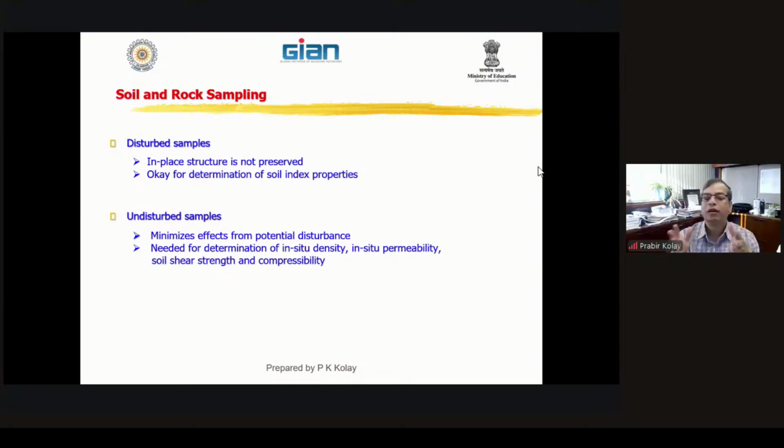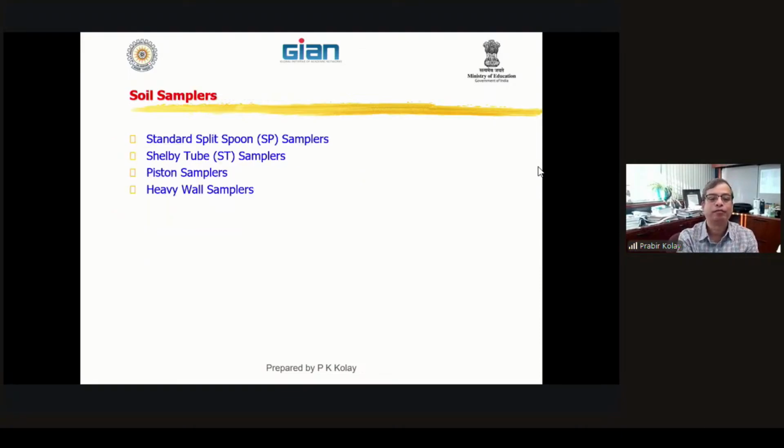That's why, in a disturbed sample, the fabric arrangement is disturbed. We need the undisturbed sample most of the time to measure permeability, for example, or go to the site and do the permeability test for better representation of the permeability value.